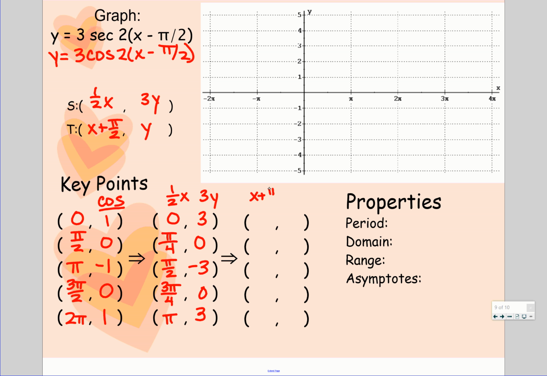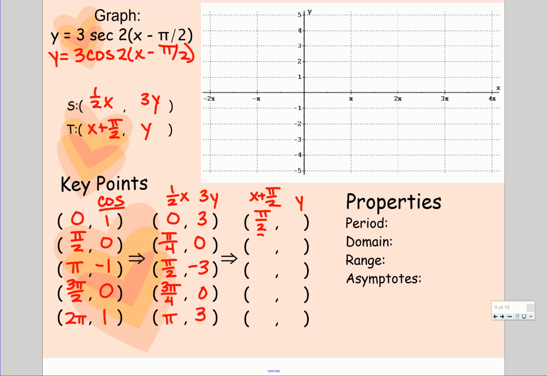Now the translation: x plus pi over 2, y stays the same. 0 plus pi over 2 is pi over 2. Pi over 4 plus pi over 2. You can think about that with a common denominator. What's my common denominator? 4. So if I think of it as 2/4, that's 3 pi over 4.